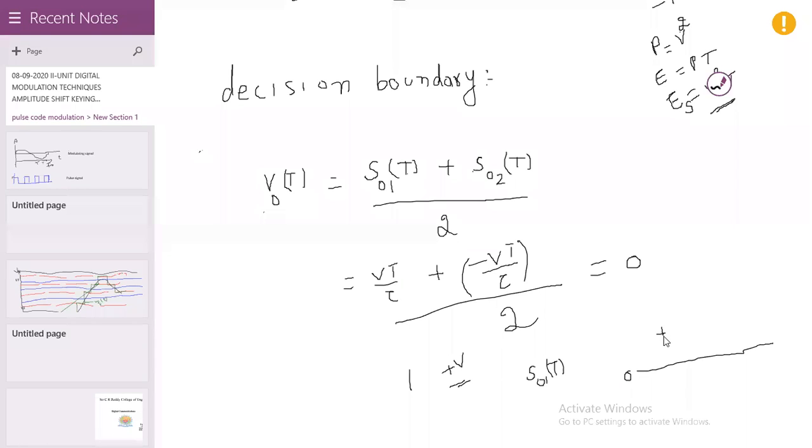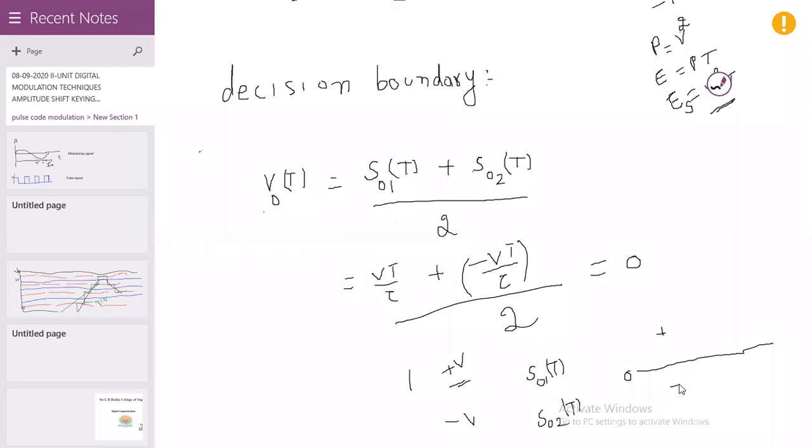And if the received one is minus V volts, the output voltage is close to S naught 2 of T, that is a negative voltage, below the decision boundary.